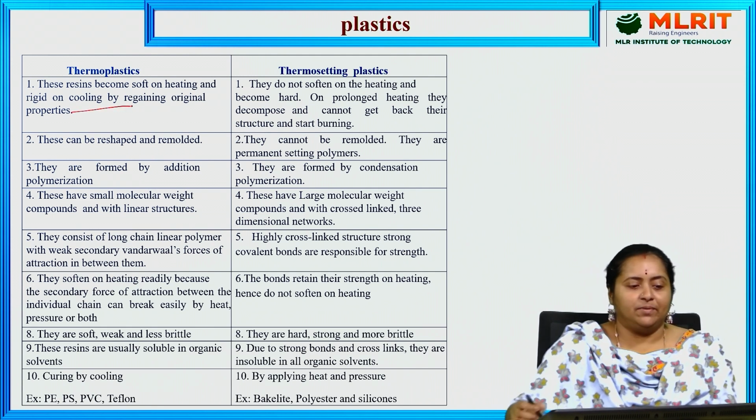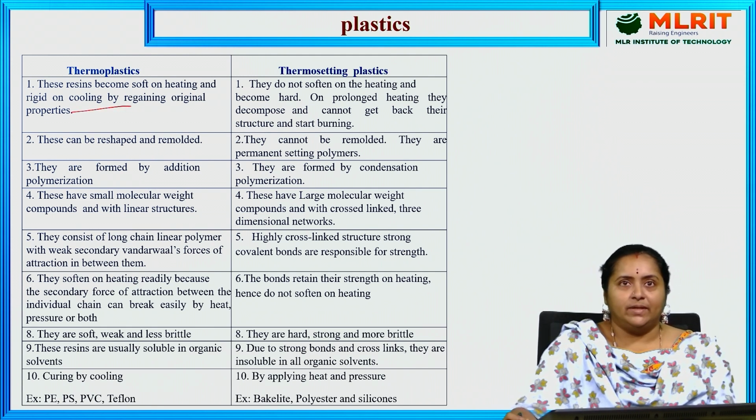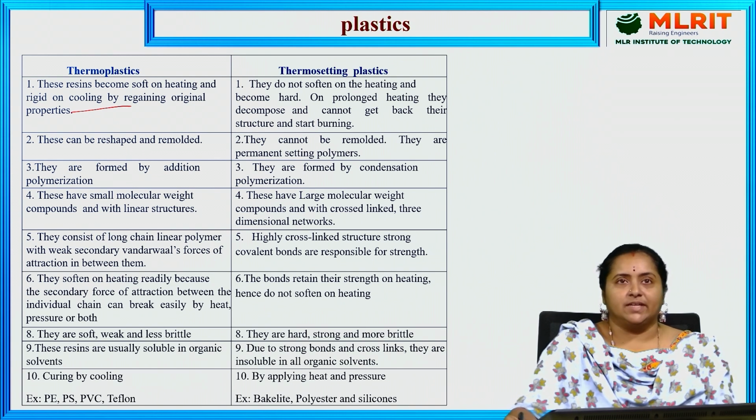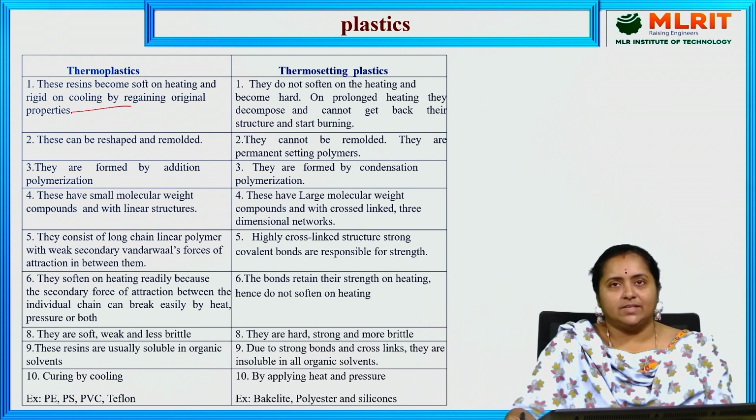Such kind of plastics are named thermoplastics. That means they are able to come back to their original form, they retain their original form. But that is not possible in the case of thermosetting plastics. That means they do not become soft on supplying some amount of heat in the form of temperature, and they become very hard.